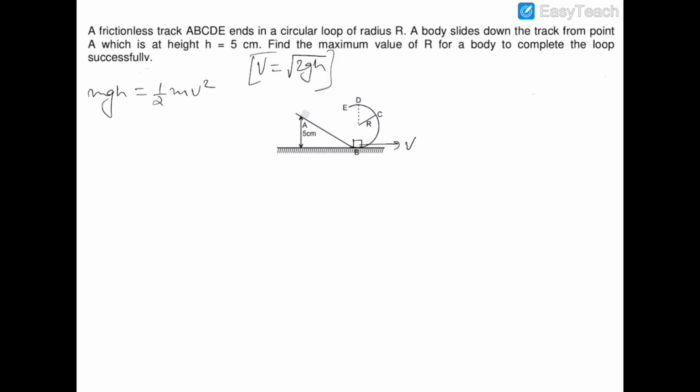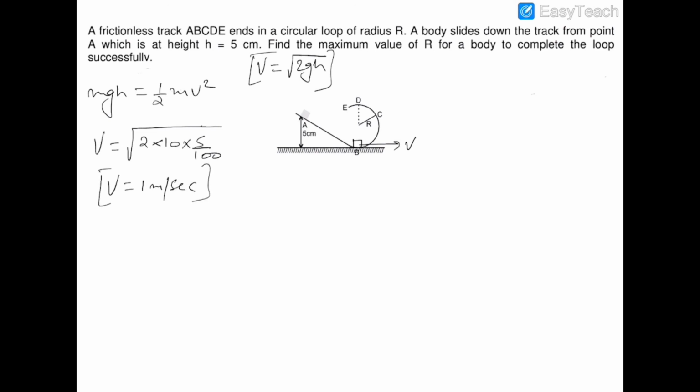We can use this formula also directly. So V will be equal to root of 2, g is 10, and the height is 5, which is in centimeters. So to convert that height into meters, I am writing it down as 5 by 100. So V will be equal to 1 meter per second.